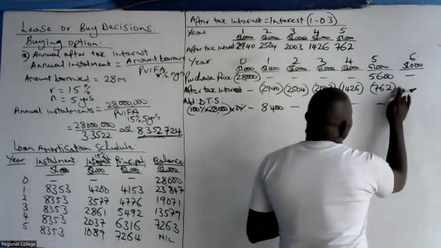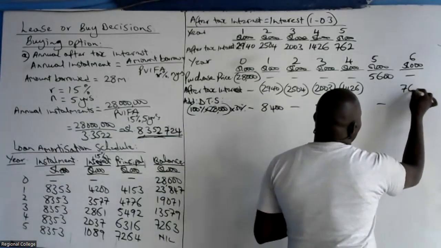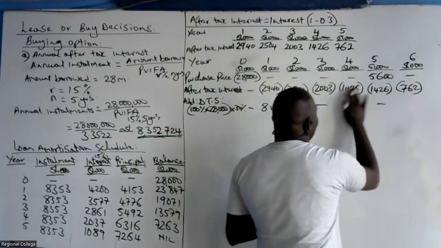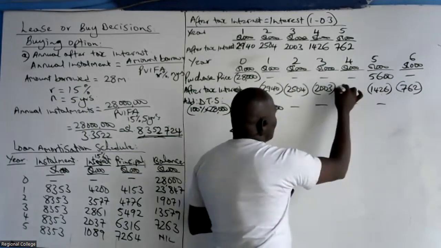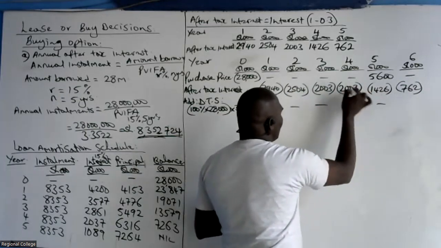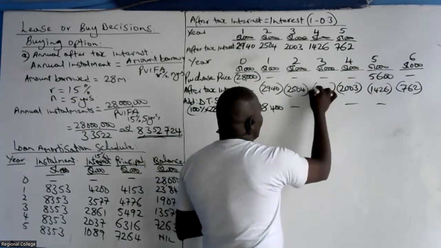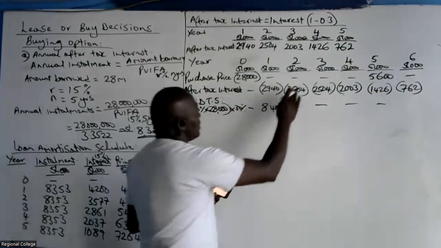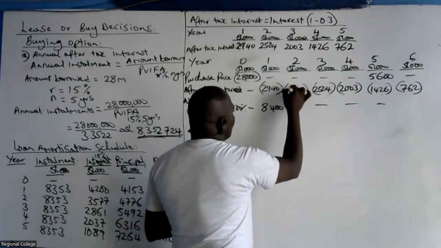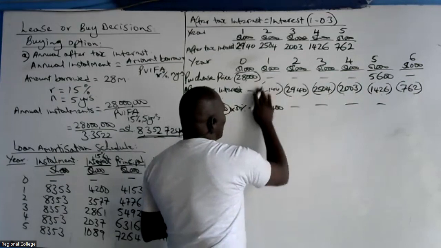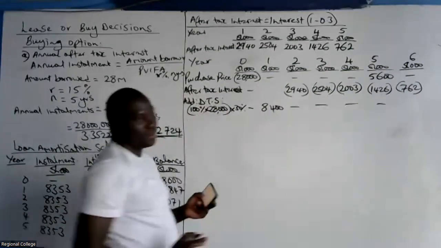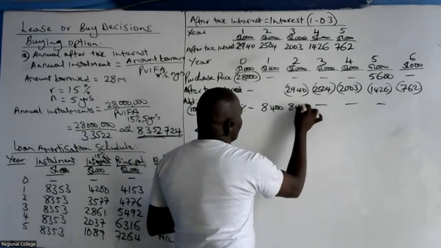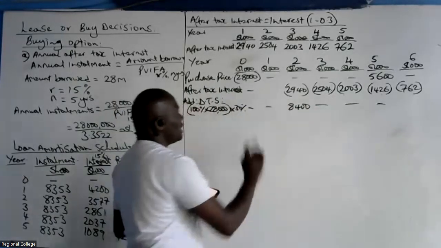So here in year 5, 762 comes forward. 1426 comes in year 5, 2003 comes in year 4, 2504 comes in year 3, 2940 comes in year 2. In year 1 there is nothing. And our DTS comes in year 2, 1 year in arrears.